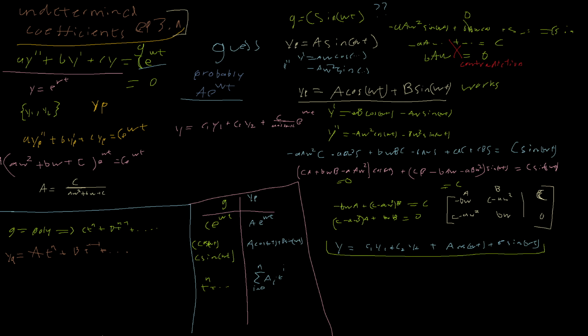I just remembered, what happens if g is equal to e to the a t, cosine omega t, and then plus t squared plus t? What then? There's a way of dealing with that. This episode has gone on long enough, and we'll talk about that in the next one.